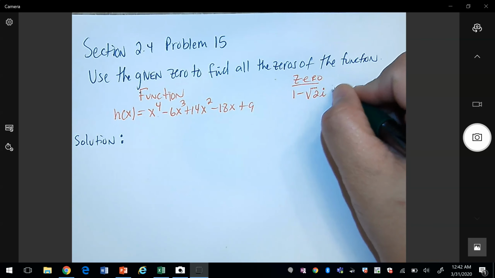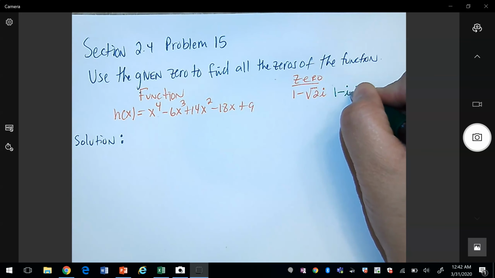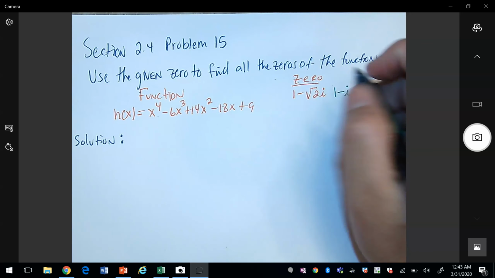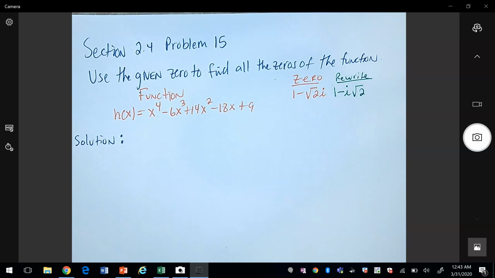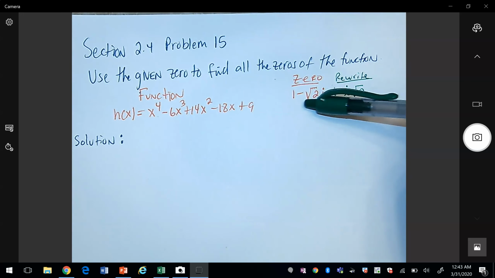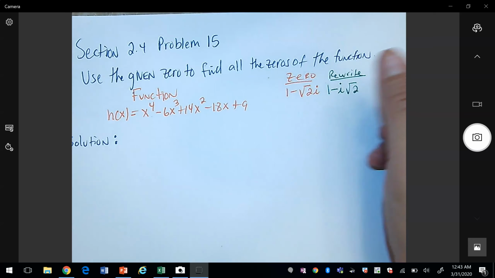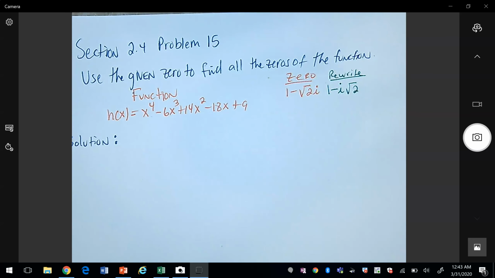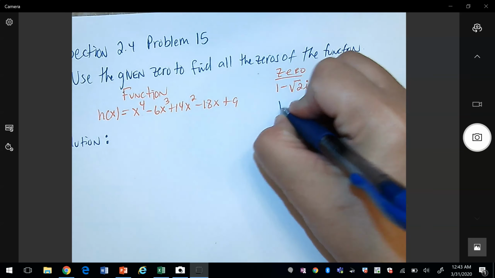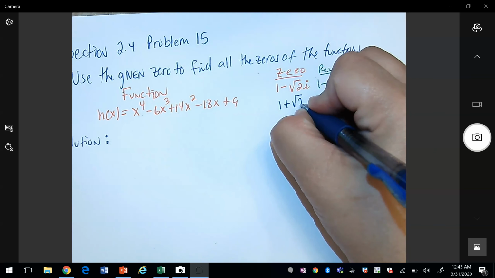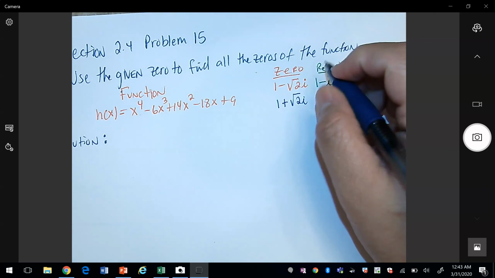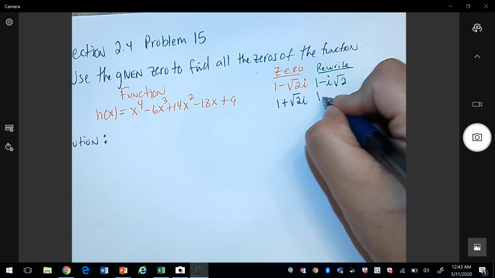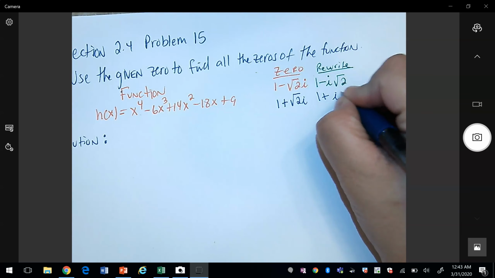It's just easier to see that the i is not underneath the square root. Since they tell us that 1 minus square root of 2i is a root, then we also know that its conjugate, 1 plus square root of 2i, is also going to be a zero. And so I'm going to rewrite this as 1 plus i square root of 2.